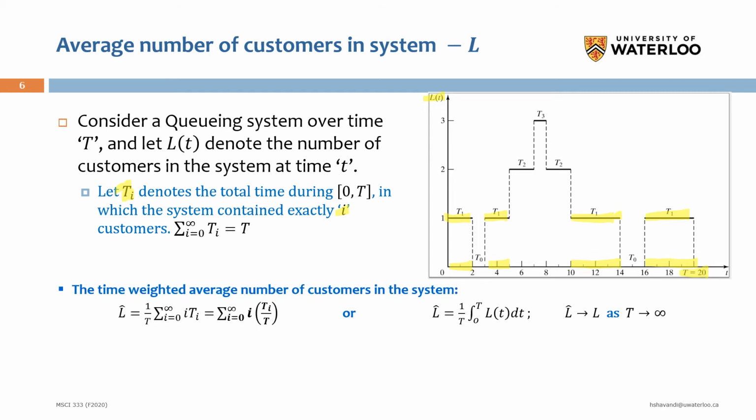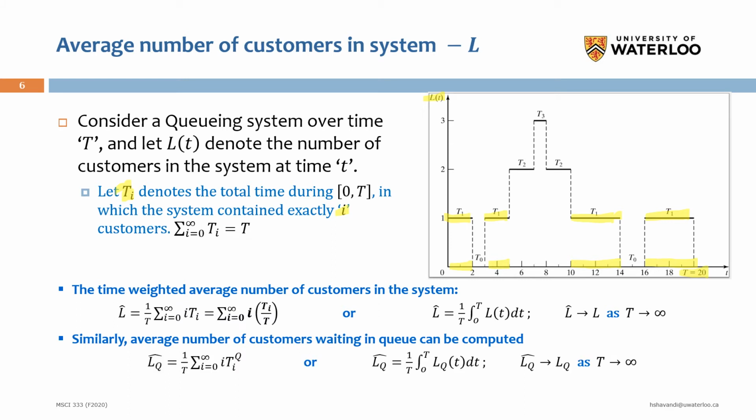Now how do we calculate the time weighted average number of customers in the system? We multiply i, the number of customers in the system, by Ti, the time that we have i customers in the system, then take the sum over all i, and divide this by T, the total length.